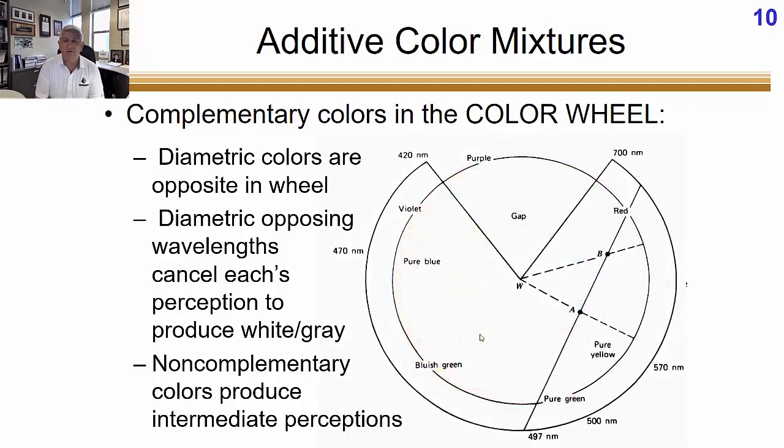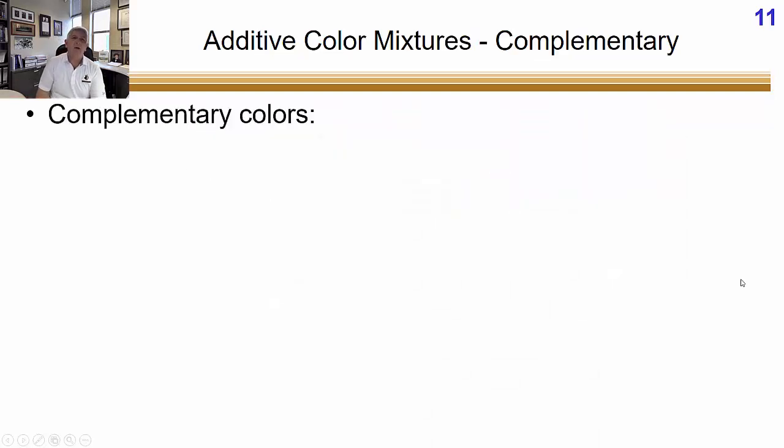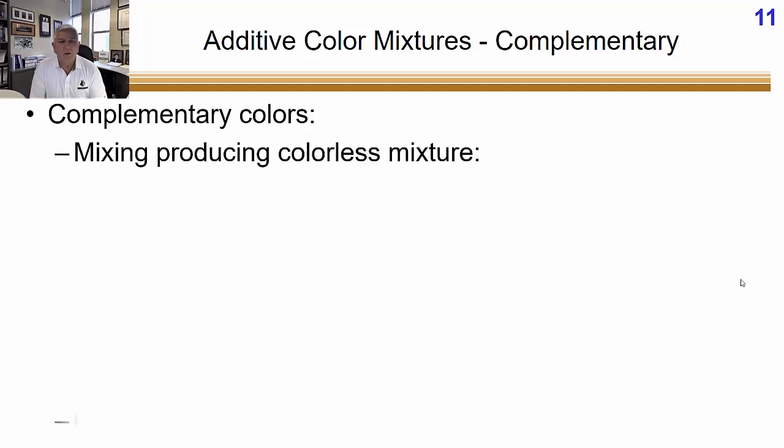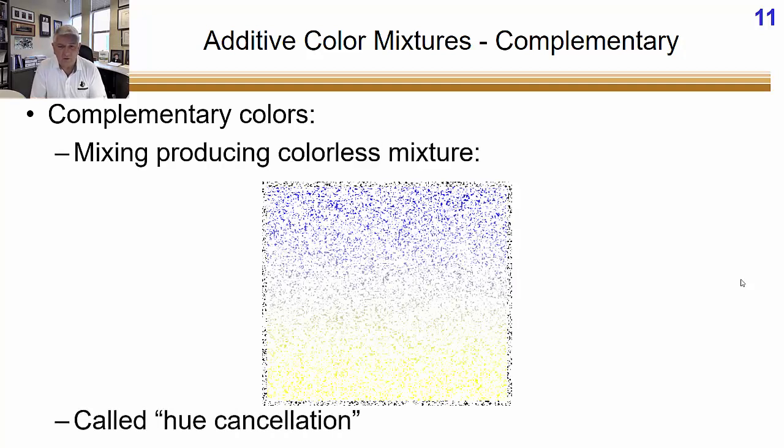All right, this is another depiction of the color wheel, and we see now the wavelengths of light, starting from short wavelengths of light, blues in the 400s, to greens in the 500s, to reds in the 600s and 700s. Okay? And so again, if we have diametrically opposite colors, they cancel each other out, right? And this is called hue cancellation.